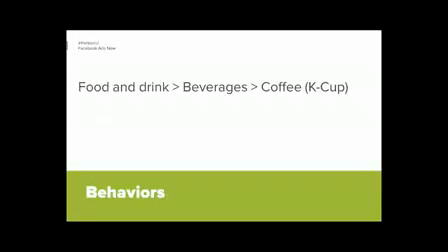However, these options can sometimes be even more detailed. So here we have the similar coffee segment, but we can actually target this down to users who have shown interest or purchasing behaviors with just the K-Cup brand. Again, these can be really powerful if you're able to identify them and take the time to understand your customers.